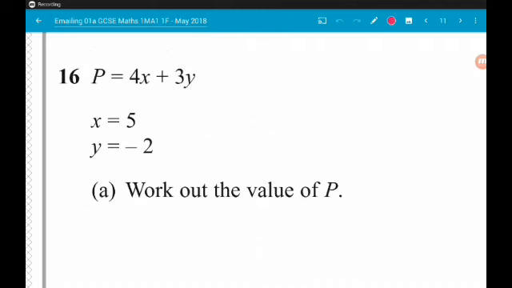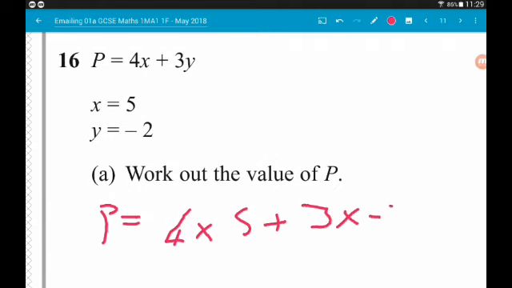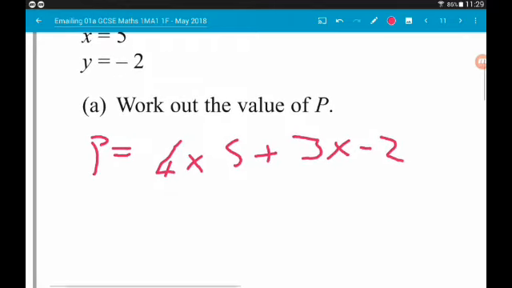Okay, 16a. P is 4x add 3y. X is equal to 5. Y is equal to minus 2. Work out the value of P. So we substitute the values in, we get P is 4 times 5, add 3 times minus 2. 4 times 5 is 20. 3 times minus 2 is minus 6.